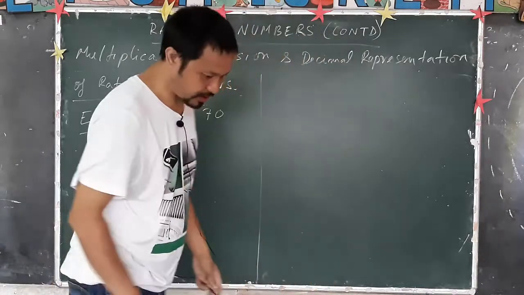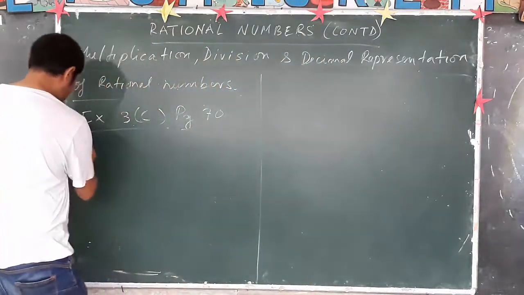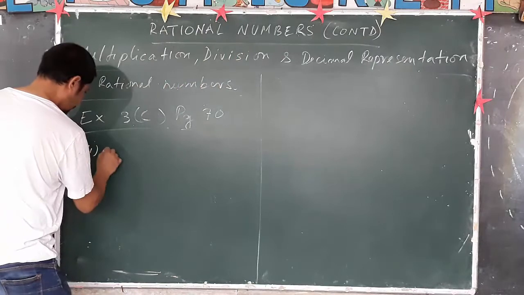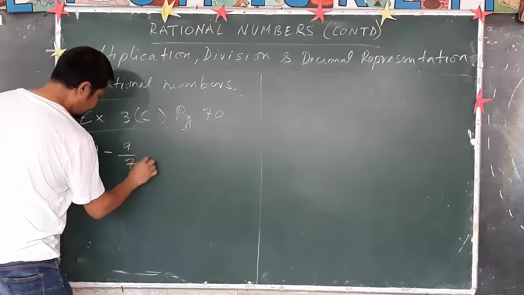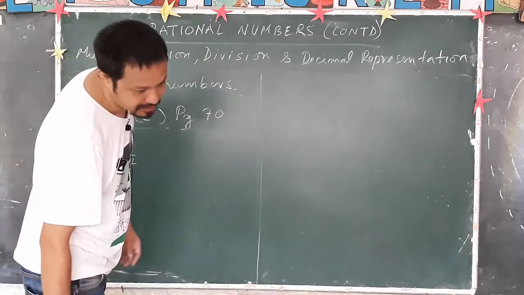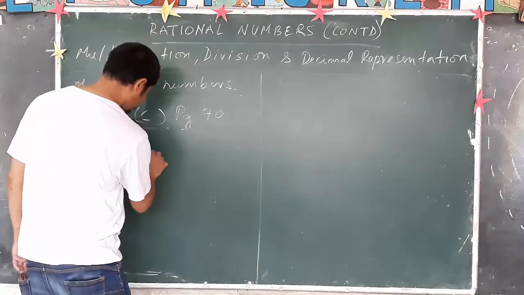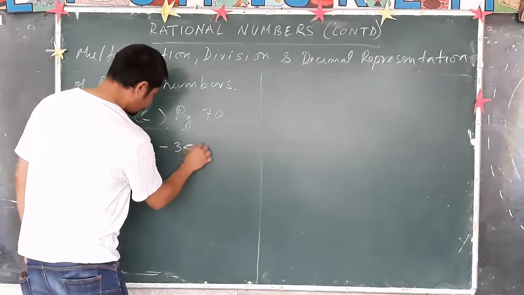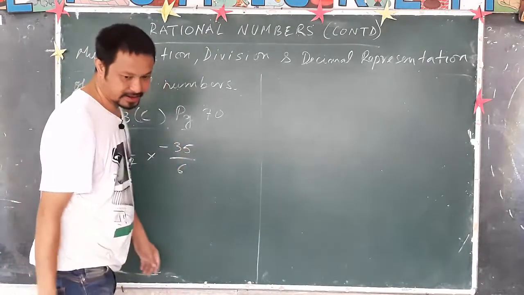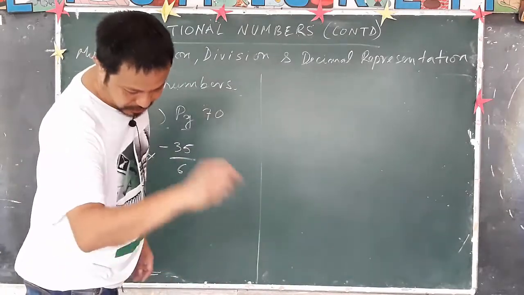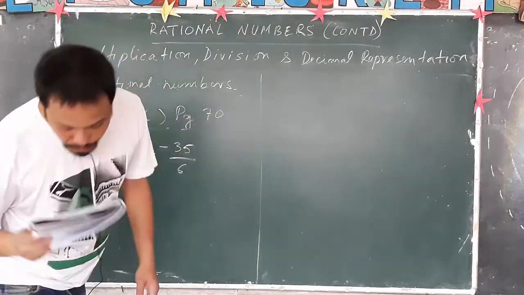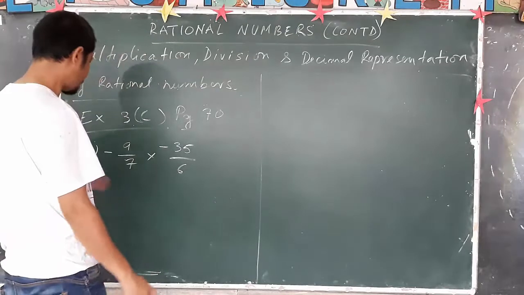So let's see how we can do that. I think this is 3, 1, it's minus 9 by 7 into minus 35 by 6. Okay, so again I'm telling you, can we reduce this? You have to see that.